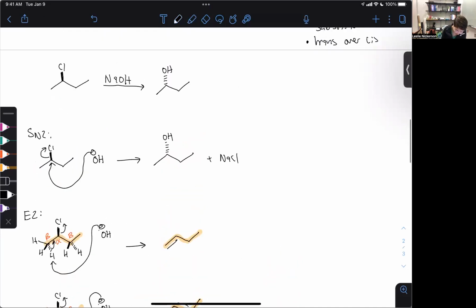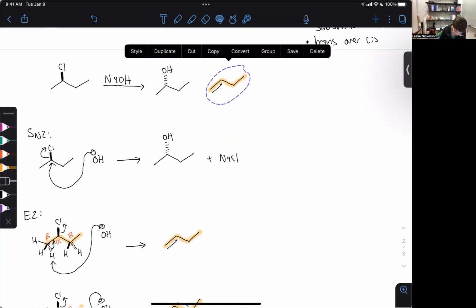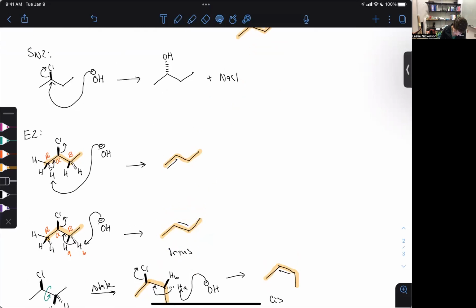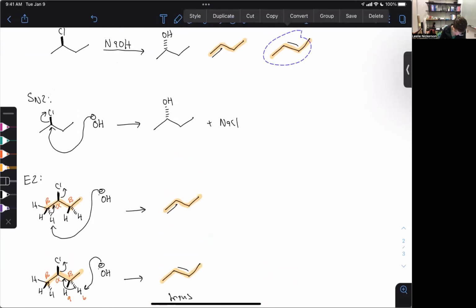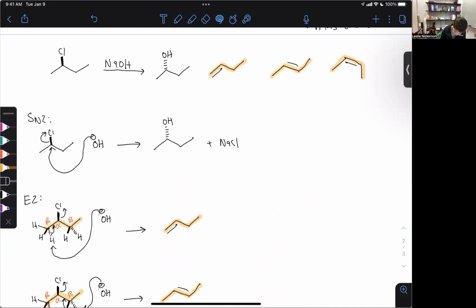So I'm going to go ahead and add these up here. Okay, and I'm going to erase the, there we go. Okay, so I have these 3 products.